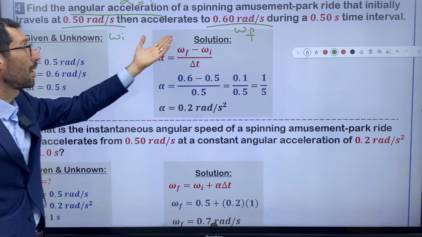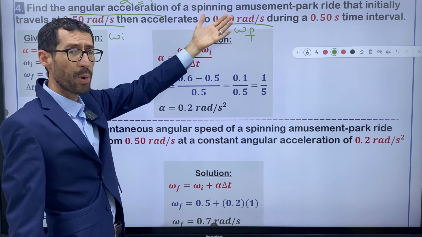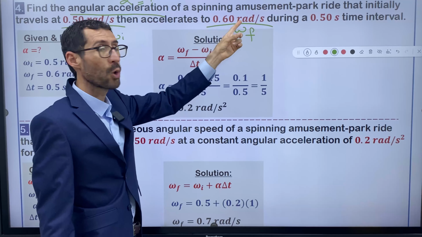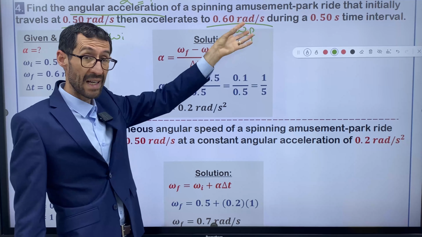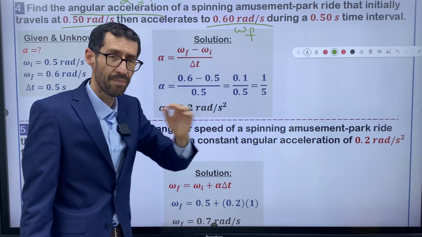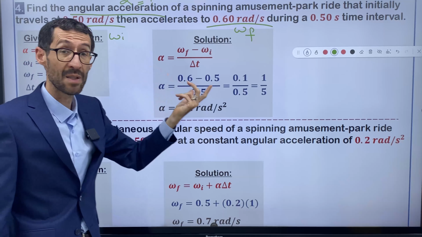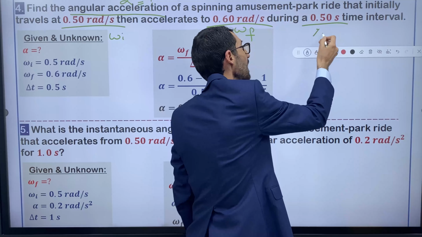And we have another point for recognizing the quantity, because we don't have any square for s here. Rad per second means this is the unit of angular speed, not angular acceleration. During 0.5 seconds, this is delta t.